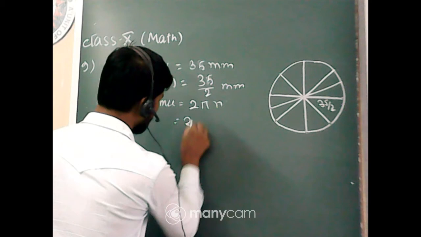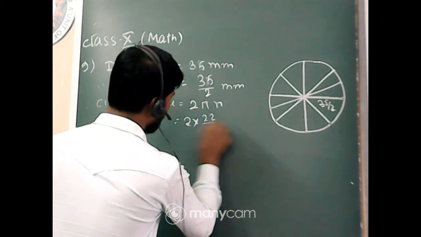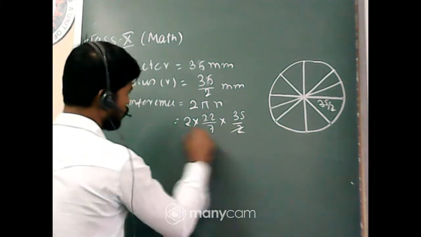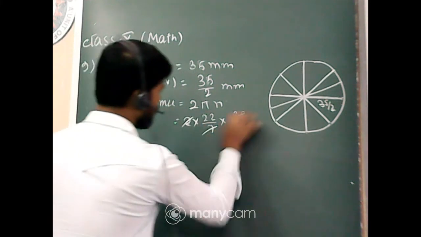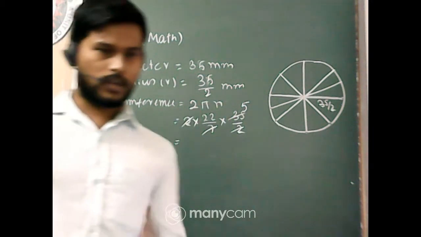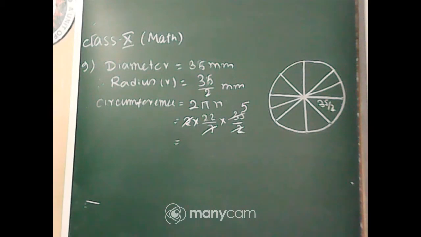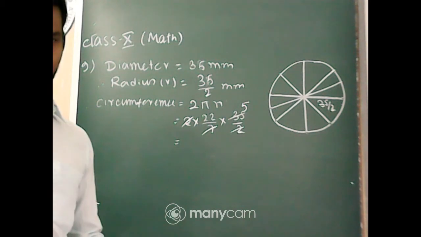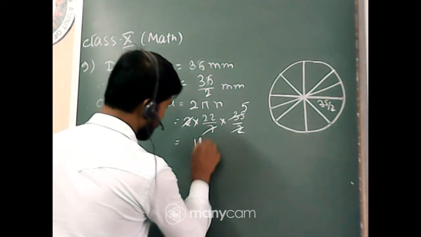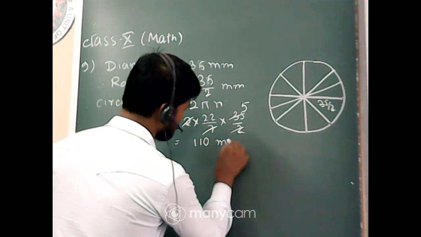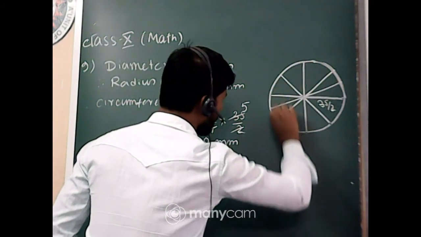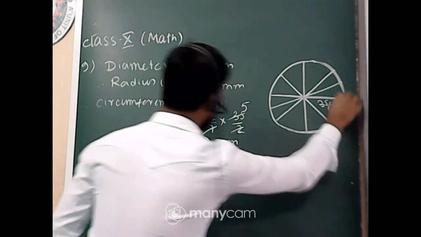So that is 2 into 22 by 7 into 35 by 2. 2 and 2 cancel each other. 7 5s are 35, and do the multiplication. You do the calculation and tell me the answer. Multiply 22 and 5. 110 millimeter. So the wire required to make the circumference of the circle is 110 millimeter.